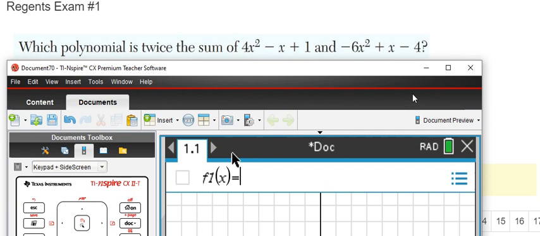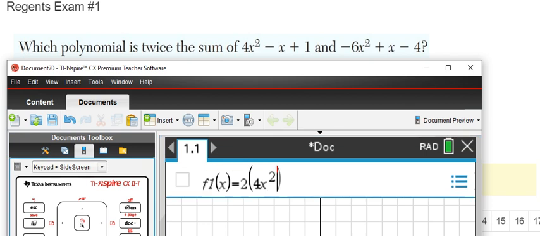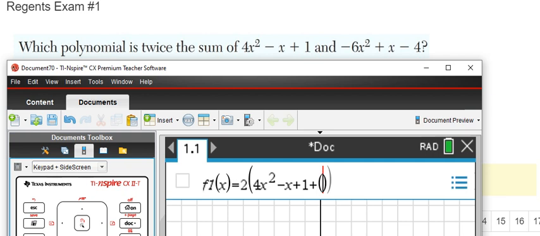So we need to put a 2 in front and then parentheses. 4x squared minus x plus 1 plus another set of parentheses, negative 6x squared plus x minus 4.